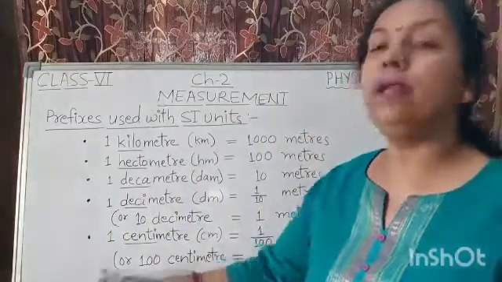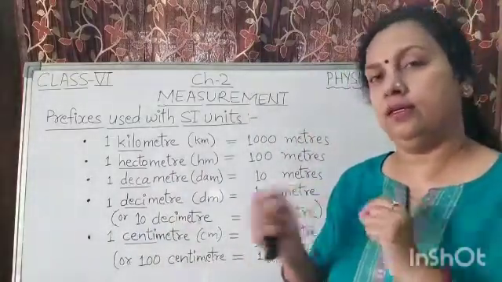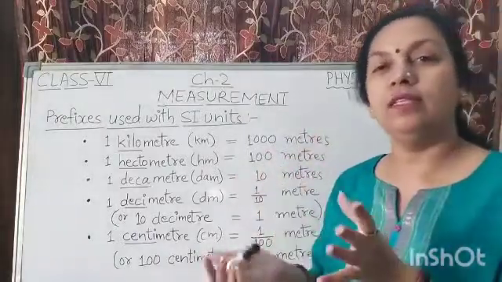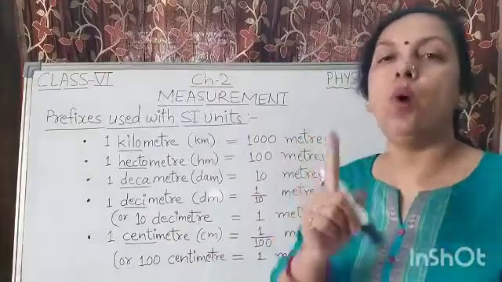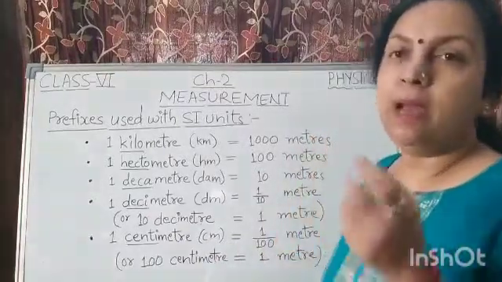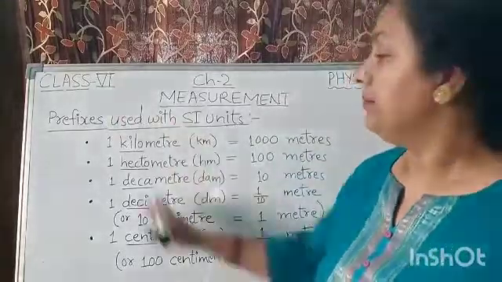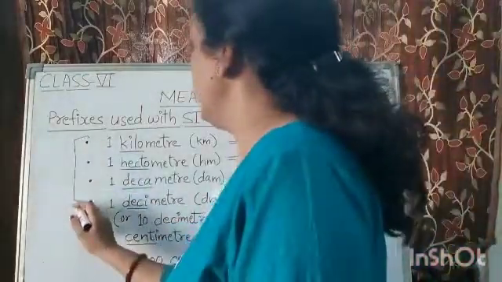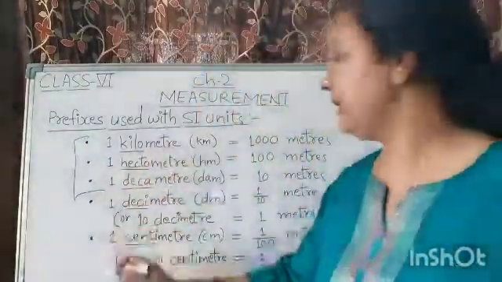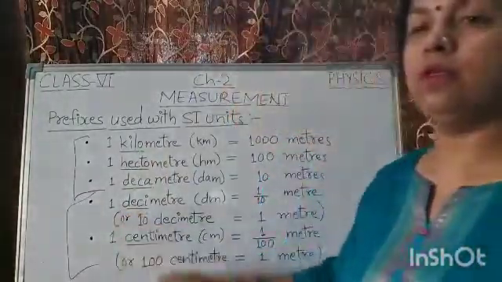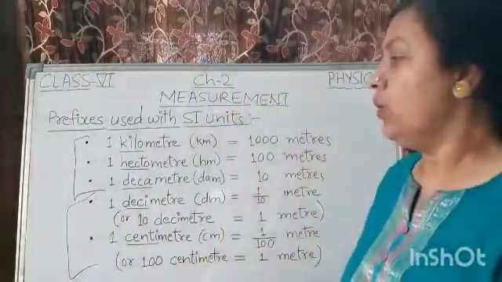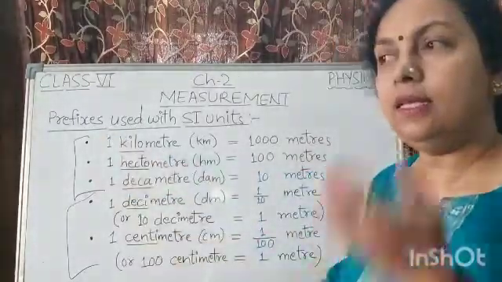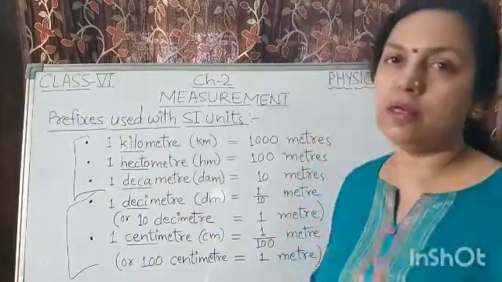So 1 millimeter will be 1 upon 1000th of a meter, or we can say 1000 millimeter is equal to 1 meter. So children, by using these prefixes, these multiples and submultiples, these are multiples because they are greater than 1 meter, and these are submultiples because they are less than 1 meter, we can easily express any length as per our convenience.